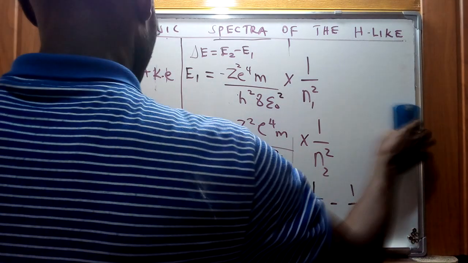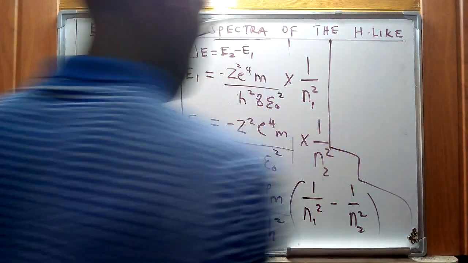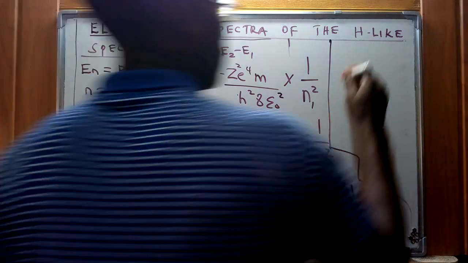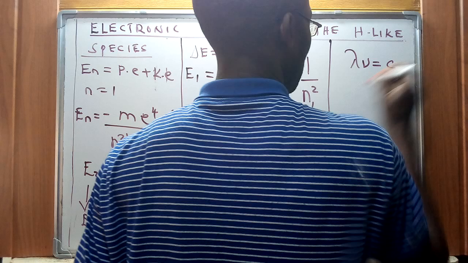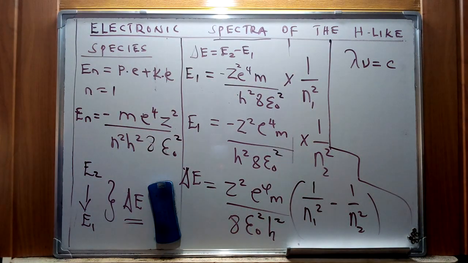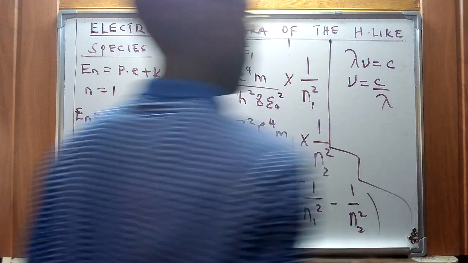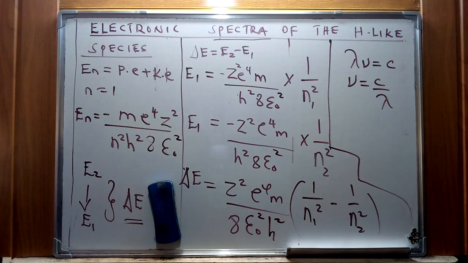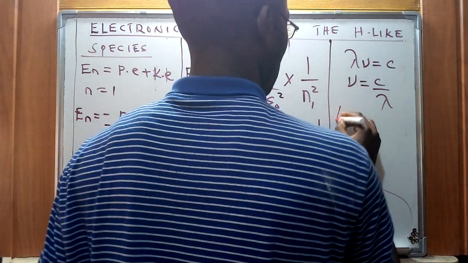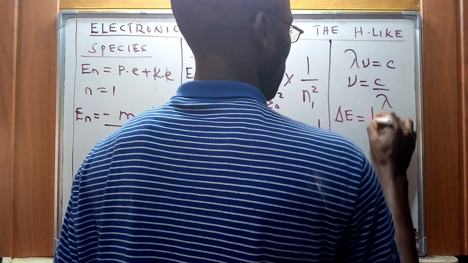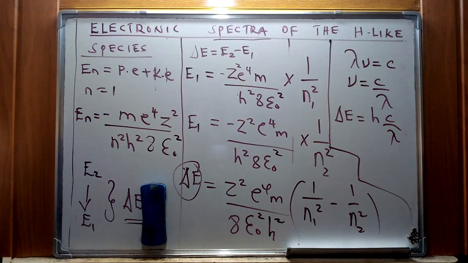Now earlier on we had said that we can represent this relationship by the use of this relationship. We had said lambda times frequency equals the speed of light, and therefore this gives us the frequency, which is equivalent to c over lambda, and therefore we can describe the change in energy being experienced at this specific point as delta E is equivalent to h times c over lambda.